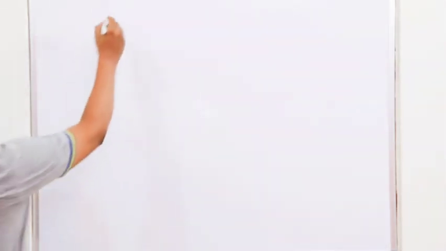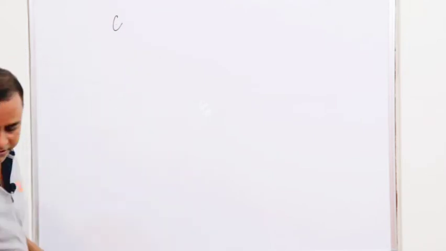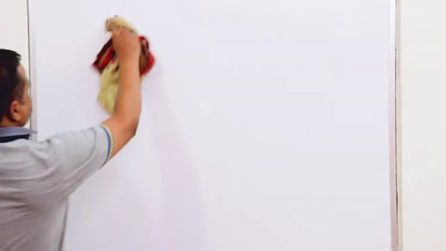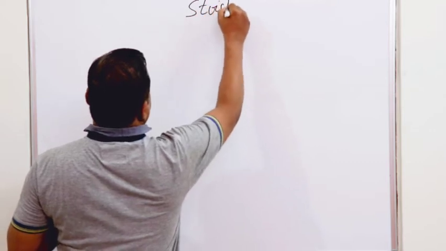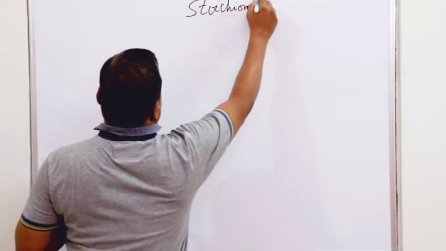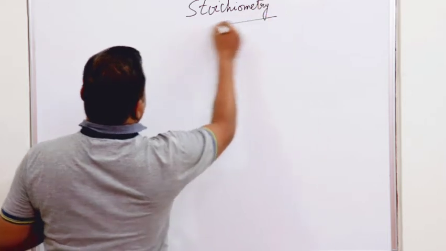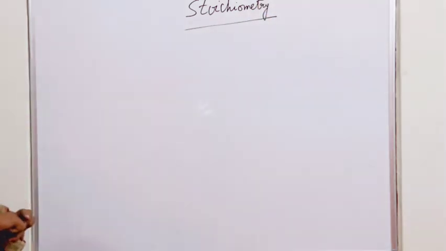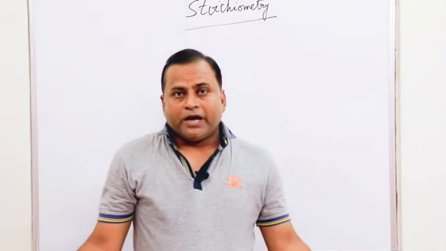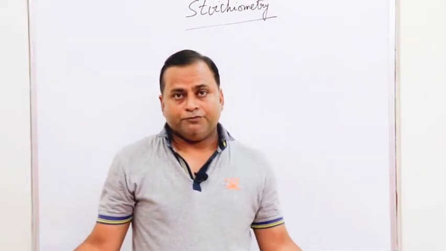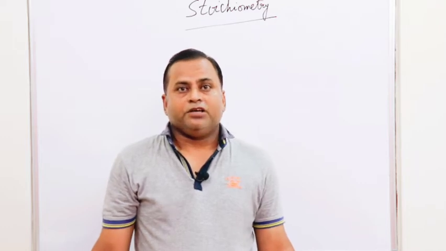So whenever we are writing, let me first of all write the topic. Topic is stoichiometry. Now see students, before going into stoichiometry, we must know what information is given by a chemical equation.